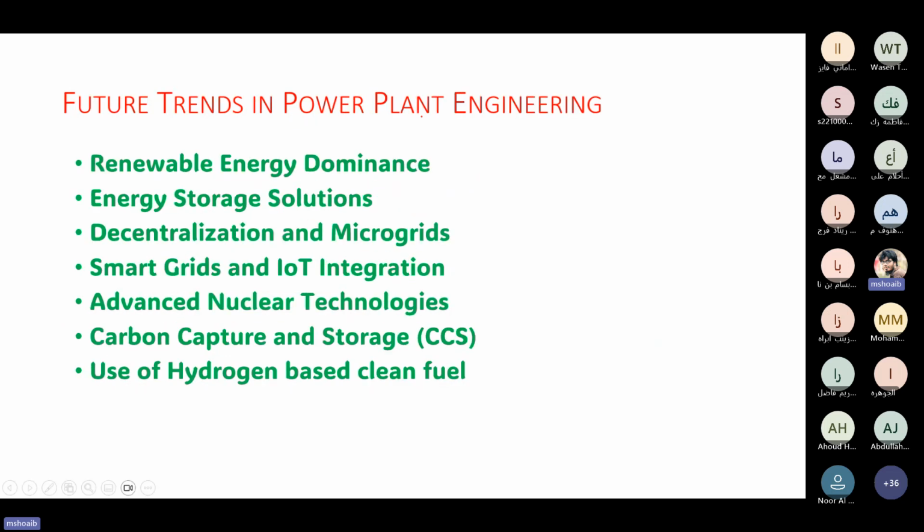So we're almost close to the end of the session. What are the future trends in power plant engineering? You can understand that in the future, the amount of fossil fuel, whether this is coal or oil or gas, is limited. You understand?